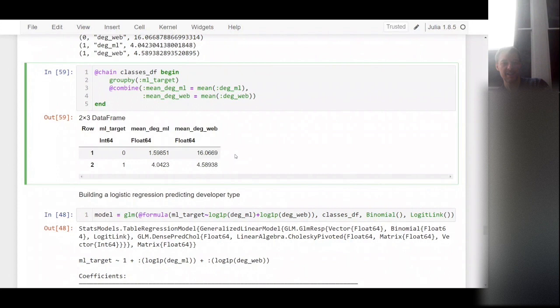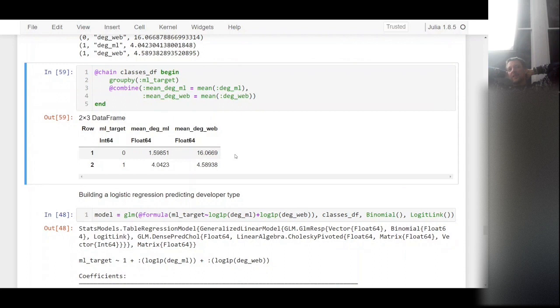So the last thing that we will want to do is the following. Okay, we know that indeed relative values are informative in our case, but can we build a predictive model using it? And the answer is yes, we can do this. And we will build such a model using logistic regression.